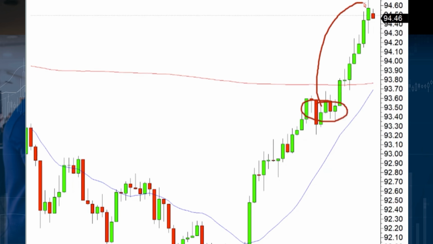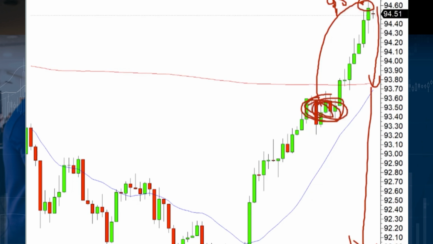Microsoft. Here's the origin. Here's your last major interrupt, and you've got distance away from the interrupt now. So 95, the round number, is up here. That's going to be a key resistance area because of your distance from the moving averages and your distance from the origin of the move.